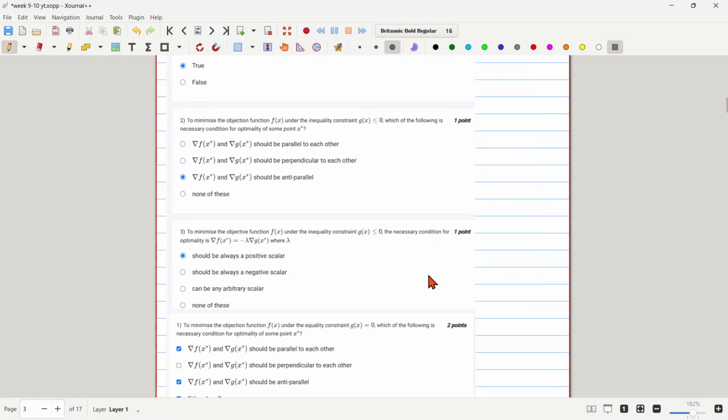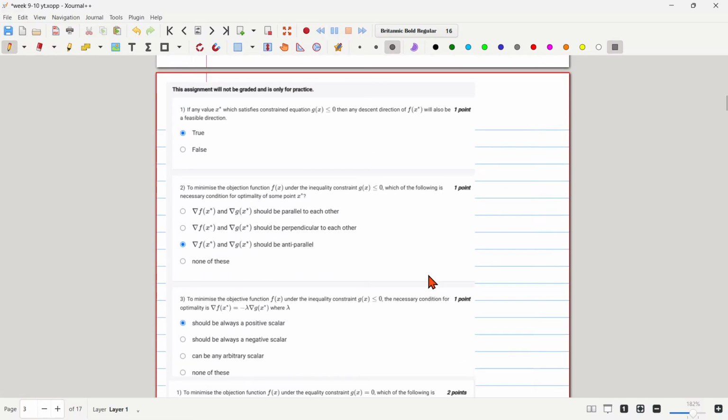Okay, now if any value x dash satisfies the constraint g(x), then any descent direction of f(x) will also be a feasible direction. Yeah, true.